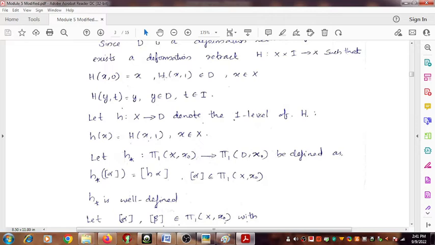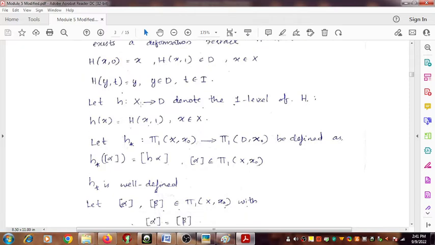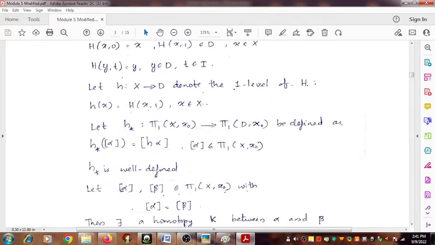It says that H(x, 1) is a member of D, and since x belongs to X and the image belongs to D, this definition is meaningful. So h is defined from X to D, and it has the value h(x) equal to H(x, 1), where x is an element of X.